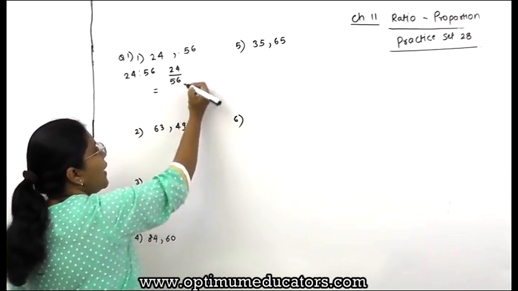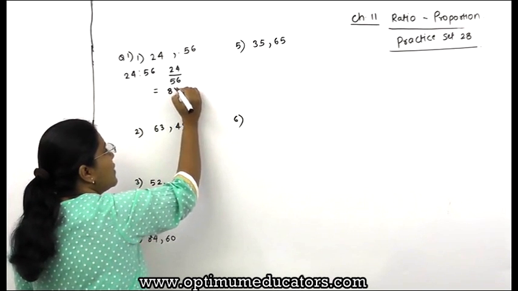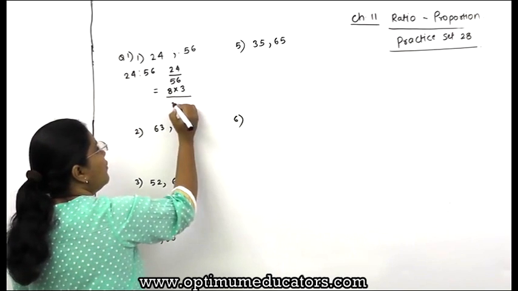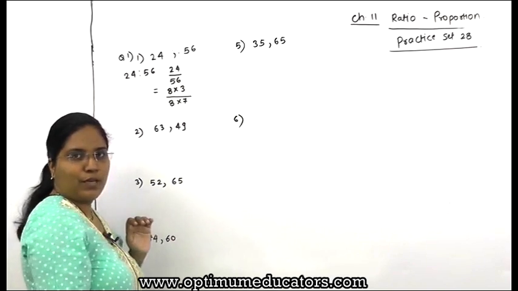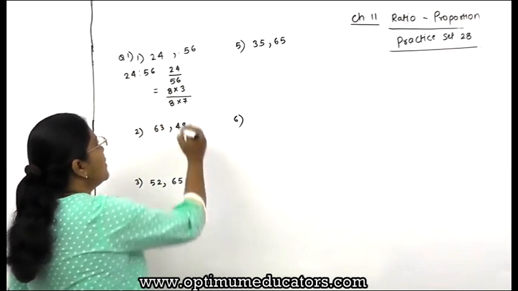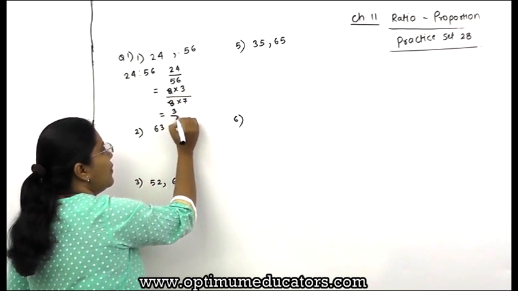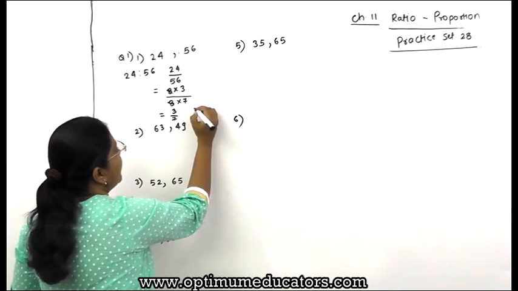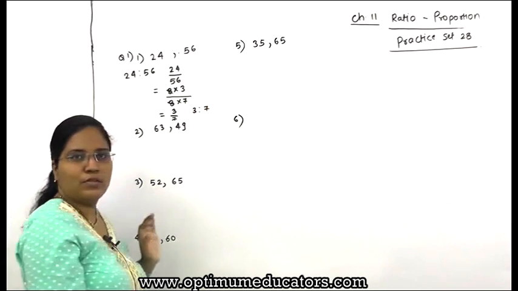Now looking at the numbers, I will say that 24 is 8 into 3 and 56 is 8 into 7. Okay, 8 sevens are 56. Now this 8 goes off, 3/7 is the ratio, or we will be able to say that it is in the ratio 3:7.